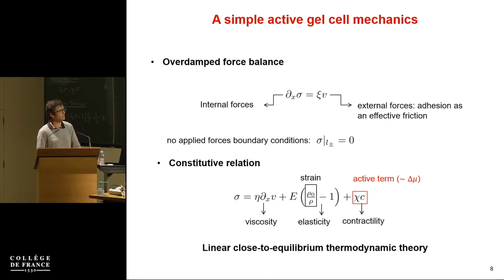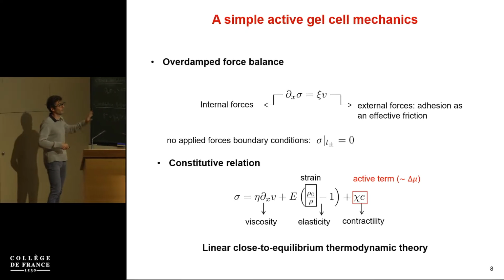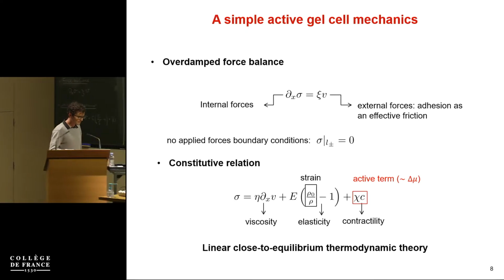So this term is considered to be constant. So this is a truly close to equilibrium but non-equilibrium term. And again, all this setting is completely linear. I have left these equations on the blackboard here because I'm going to need them.